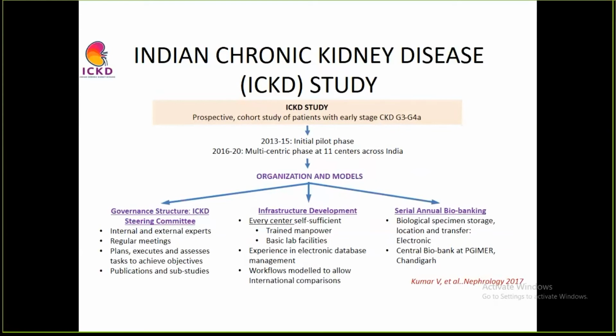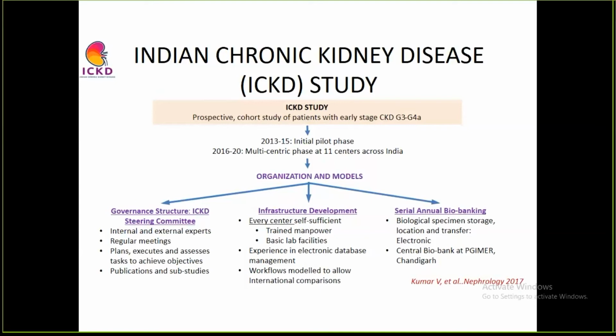The Indian chronic kidney disease study kicked off as a pilot phase from 2013 to 2015, and then a multi-centric phase with 11 centers was conceived. It is managed by a governance structure comprising a steering committee with internal and external experts having regular meetings. The steering committee plans, executes, and assesses tasks to achieve objectives.